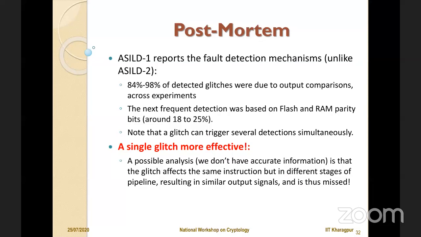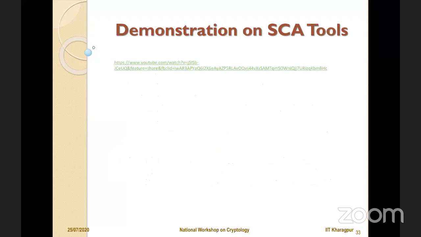Because of the fault, the same instruction in two stages of the pipeline is getting affected, and therefore they result in similar outputs, and are completely missed by the detection strategy. So this experiment shows that we need dedicated techniques for protecting against fault adversaries.